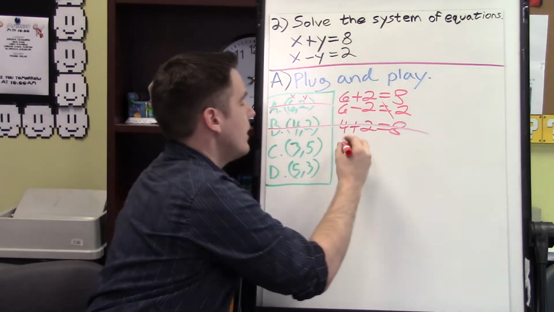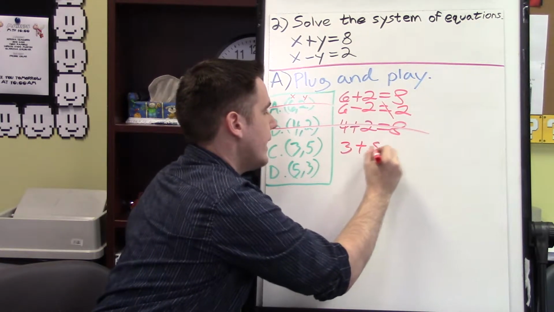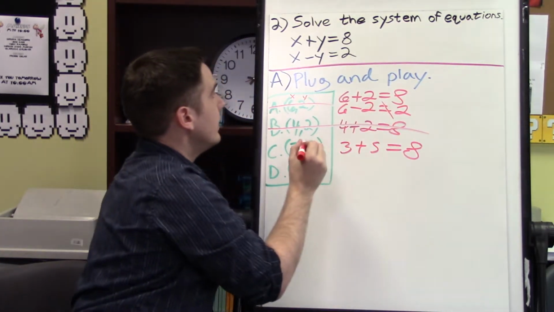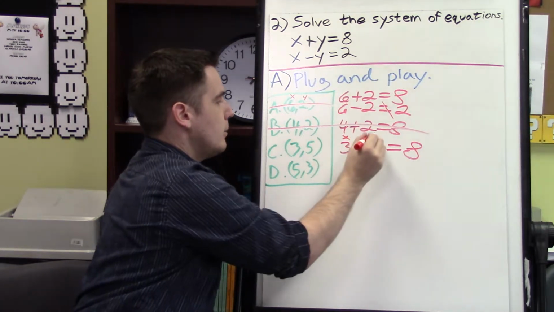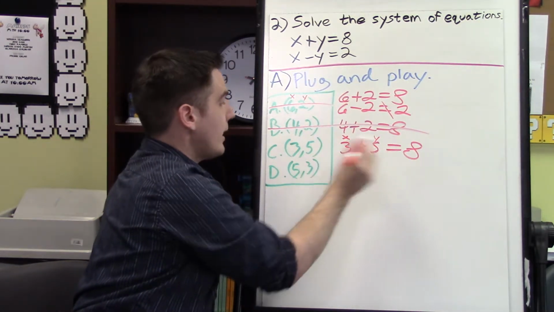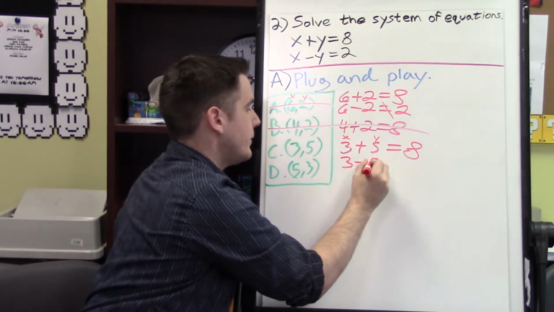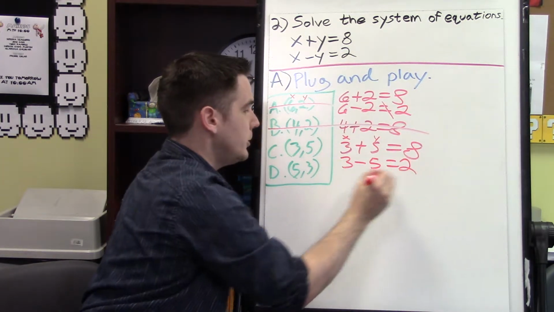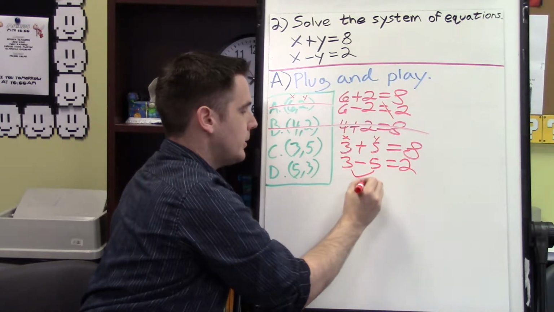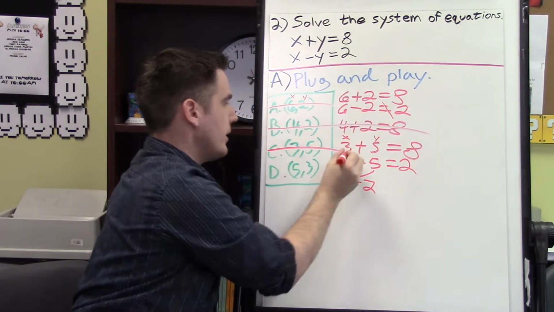Okay, let's try the next one. 3 plus 5 equals 8, because the x plus the y, and that's true, so let's try the second one. 3 minus 5 equals 2? No, that's going to equal negative 2, so that one doesn't work.